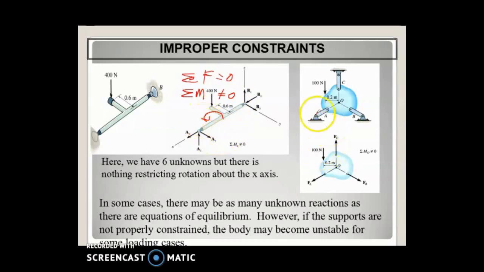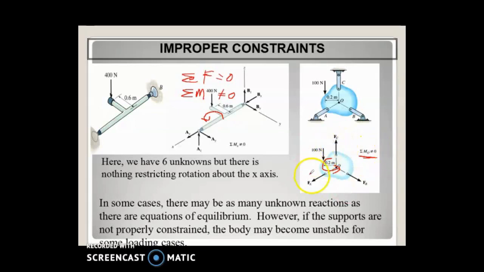Another case is like this. If we have a structure like this, and then we apply a force on the body, the body can rotate. So this one also is not in equilibrium, or it's not static, so there is movement here, which means that the summation of all the moments is not equal to 0.